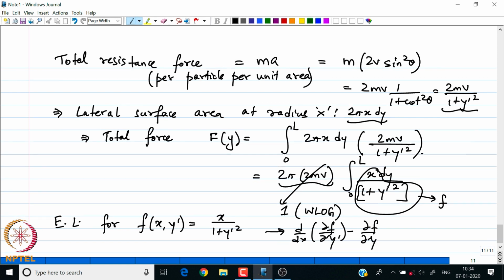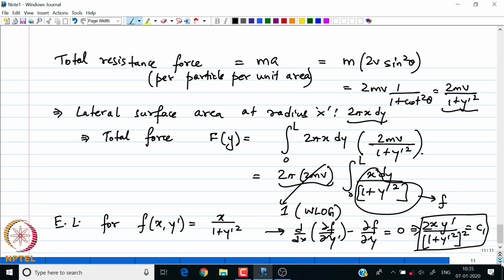There is no function of y in f, this is set equal to 0, and I get 2x y prime over 1 plus y prime square, whole square, is equal to a constant C1. I have integrated once with respect to x. So, this is my equation that I have to solve to find the extremal shape.